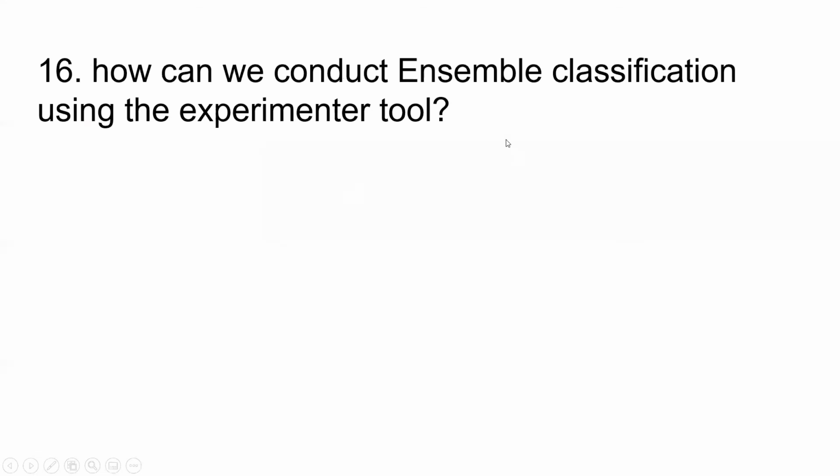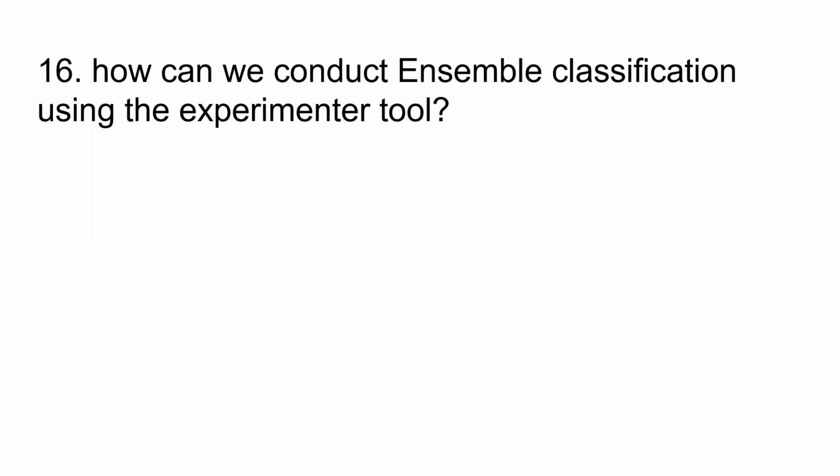Next is how can we conduct ensemble classification using the Experimenter tool? The same way you conduct the normal Explorer experiment, you can also conduct ensemble classification. Ensemble classification is just a combination of many models into one.